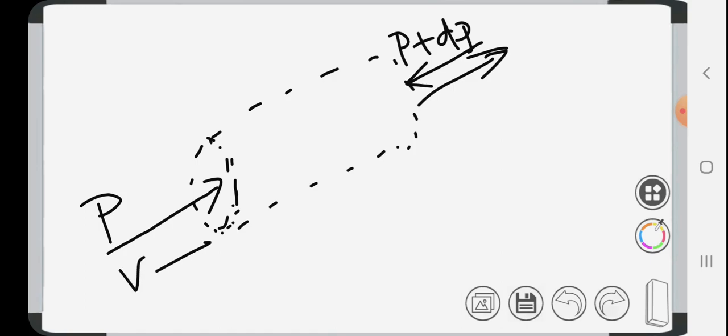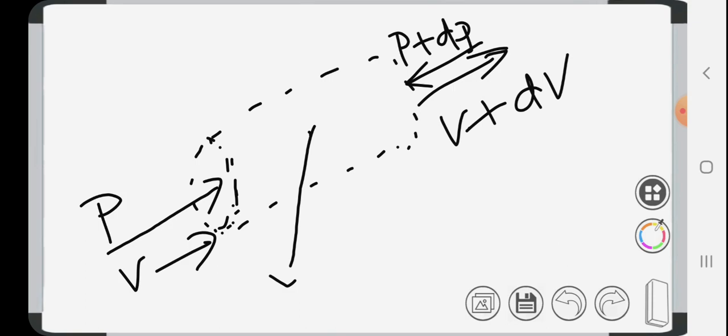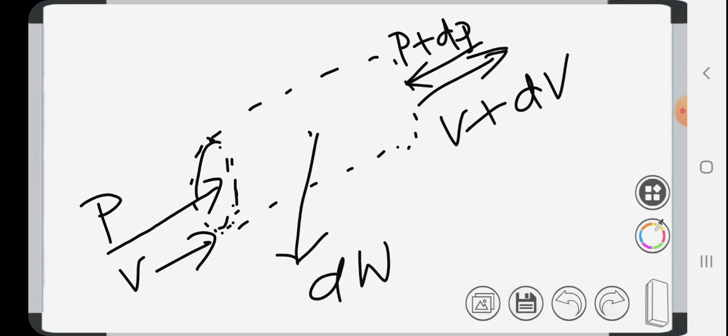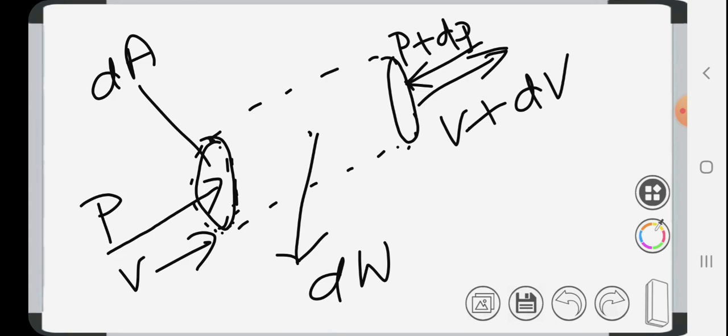Let the velocity at entry be v and at the exit be v plus dv. Let the weight of that differential volume be dw. Let this area be dA. So this area will also be dA. Let the length of this differential element be ds.